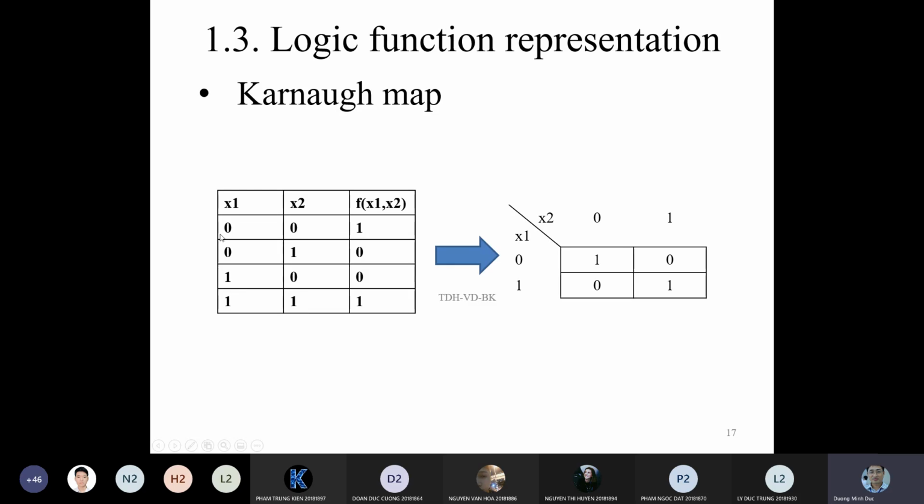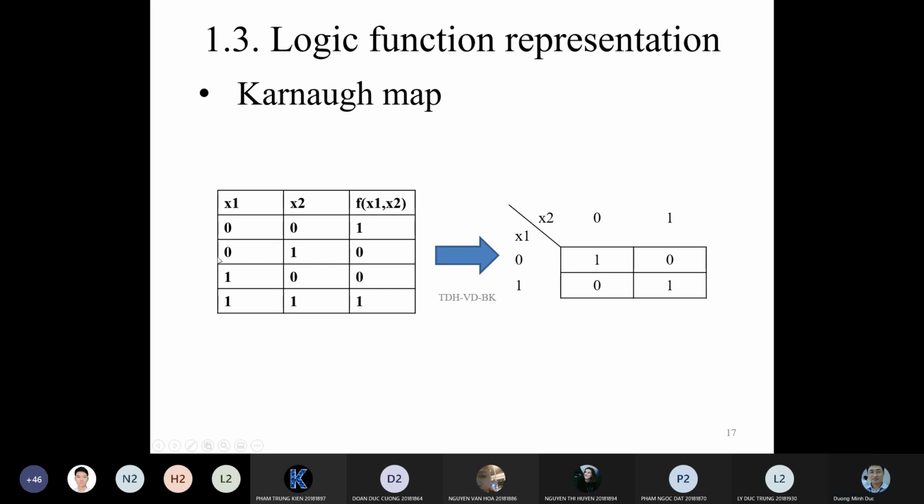For example, x1 equal 1, x2 equal 0. x1 equal 1 is this one. x2 equal 0 is this one. So finally, this block corresponds to the combination 1, 0, and we write down the value here.